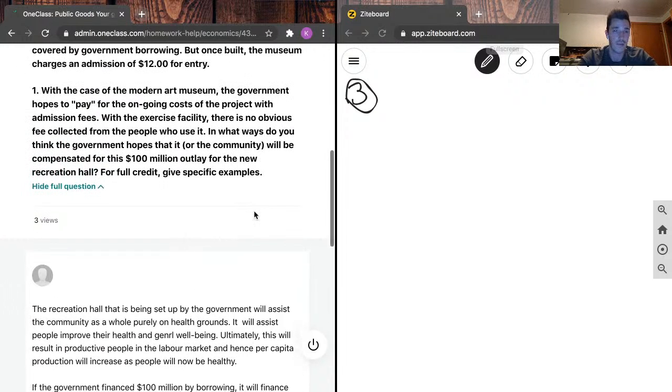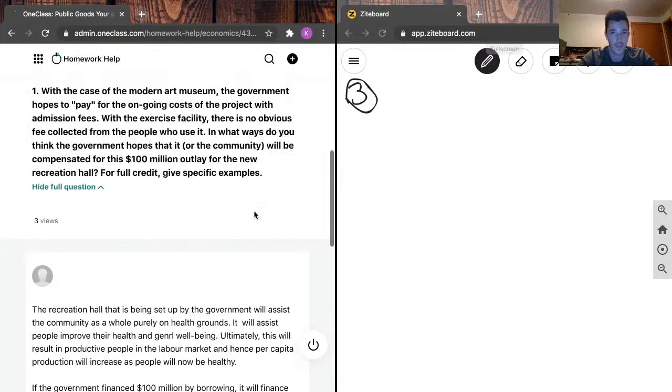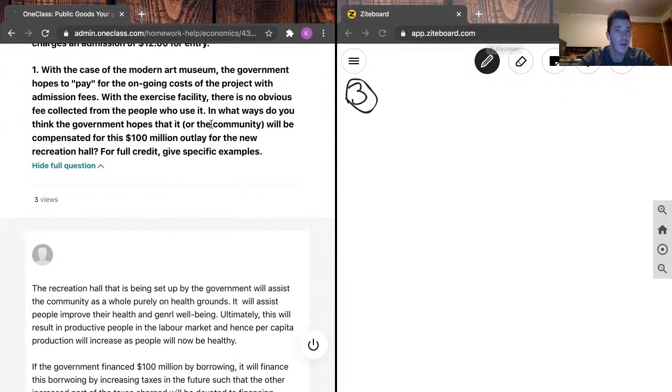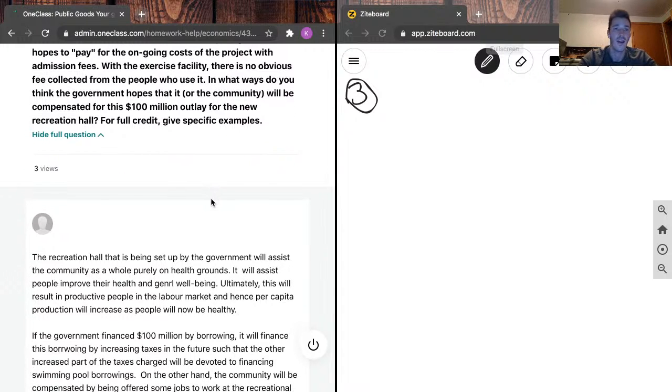And our junior tutor said exactly what I was thinking. How did they word it here? In what ways do you think the government hopes that the community will be compensated for this $100 million outlay for the new recreational facility? If people are able to keep healthy, healthy citizens are at lower risk of a lot of health diseases, so probably less strain on the hospital and things of that nature within the city.